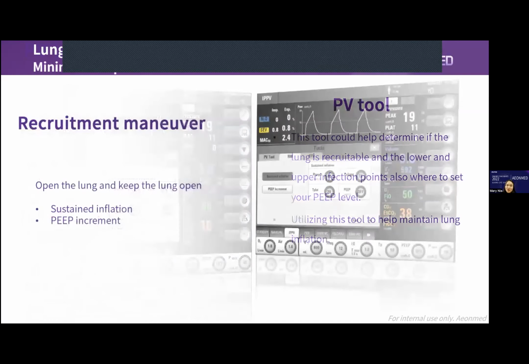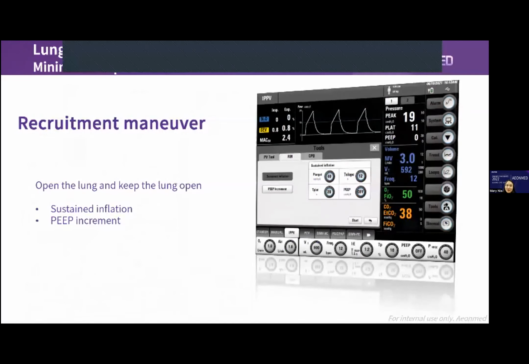And the next one is to minimize impact recruitment maneuver. And I'm pretty sure that all of us have the same experience in the OR. Once I did the thoracic surgery, they open the chest, and after everything's done, my thoracic surgeon looks into the chest and talks to me.